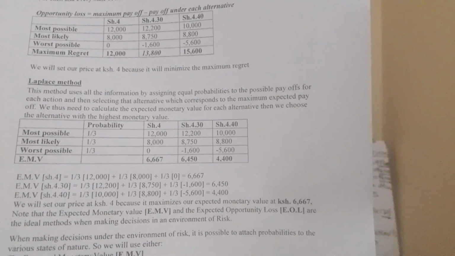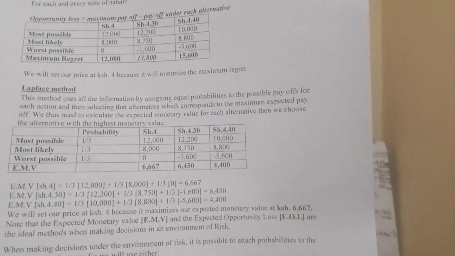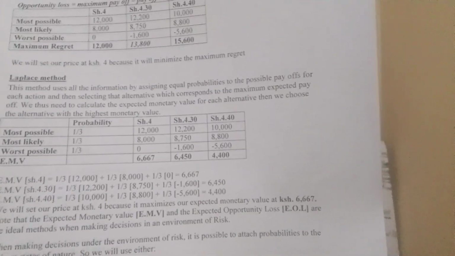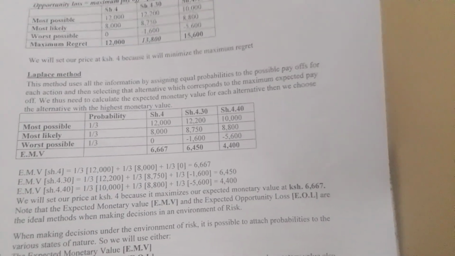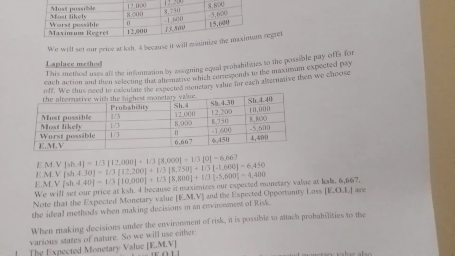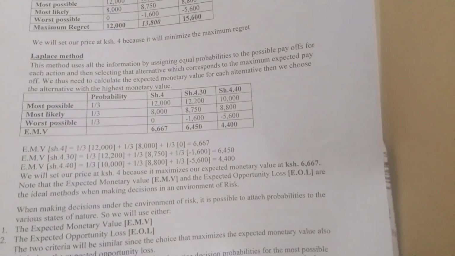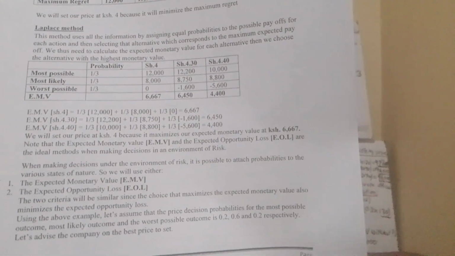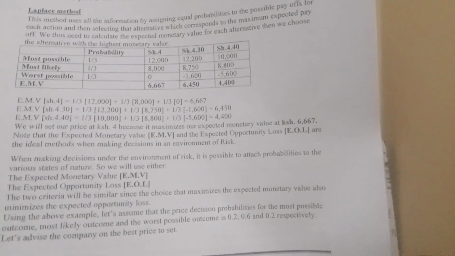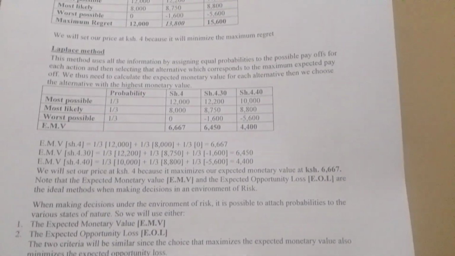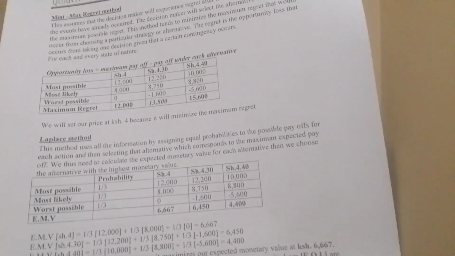The Laplace method. I've told you, probabilities are not given, so you assume they have equal weights. You can see that particular column for probability. We have used 1 over 3, 1 over 3, 1 over 3. These are illustrations from our book.